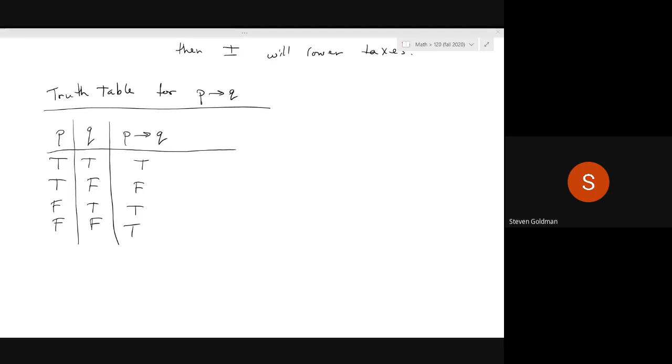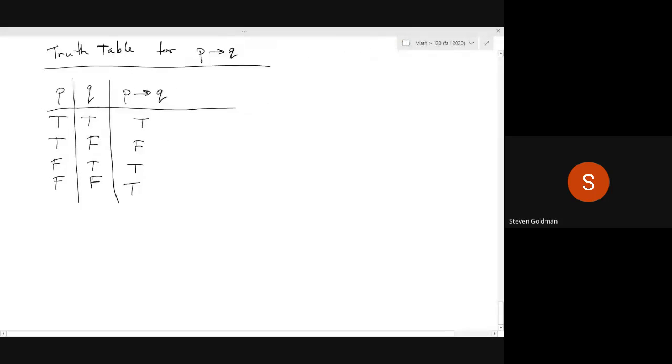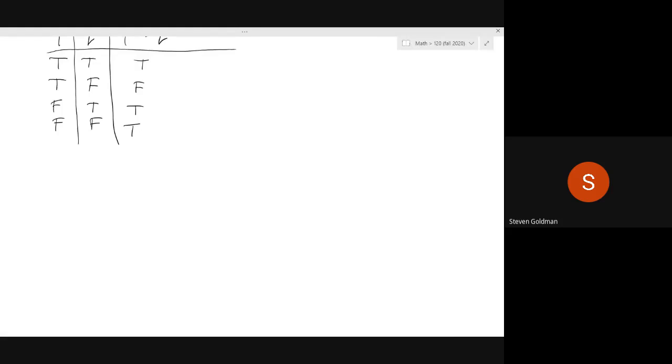As we mentioned a little bit earlier, whenever we have sentences in English, a lot of times they can be written in many different forms. So you can have a sentence in English that's a conditional statement, but it's written without using the words if then. So there are alternate ways in English of writing conditional statements. I'm going to give you a list of a few of them, and you can also find this list in your textbook.